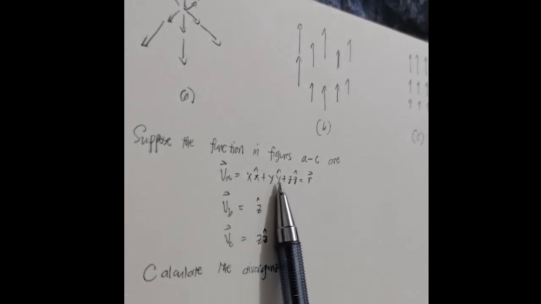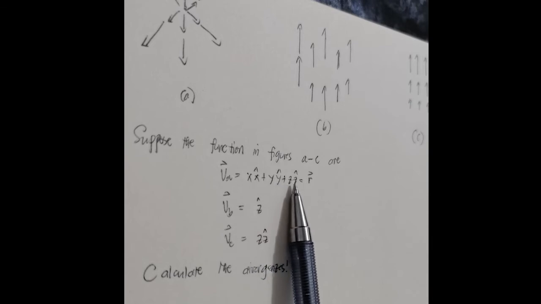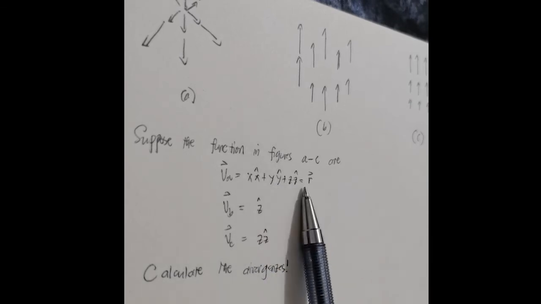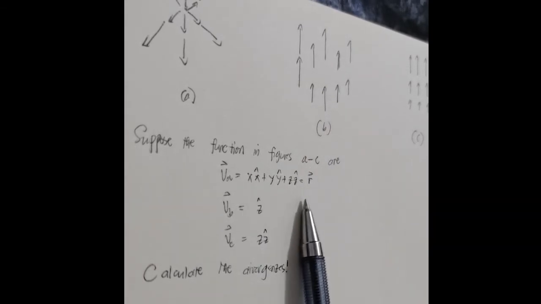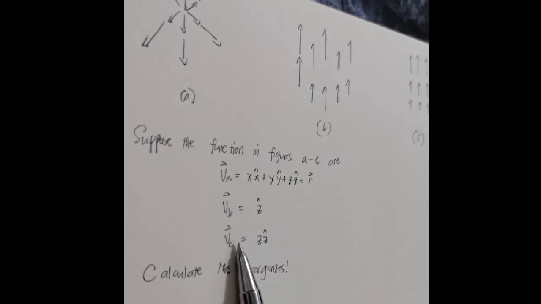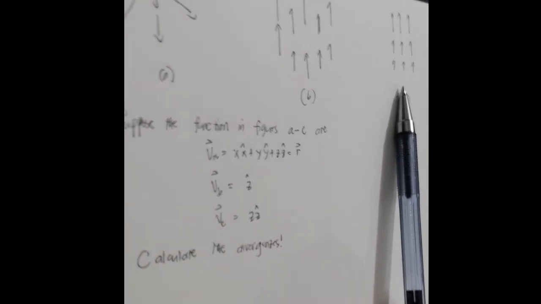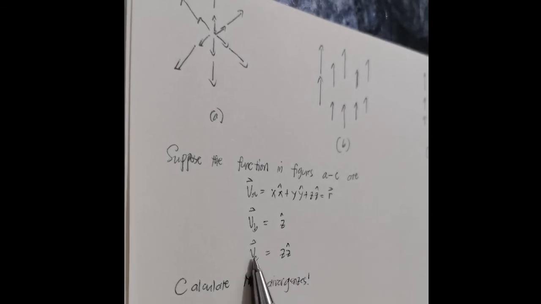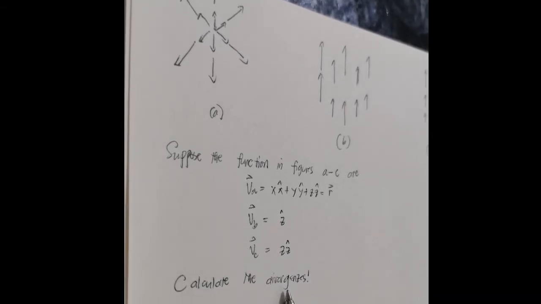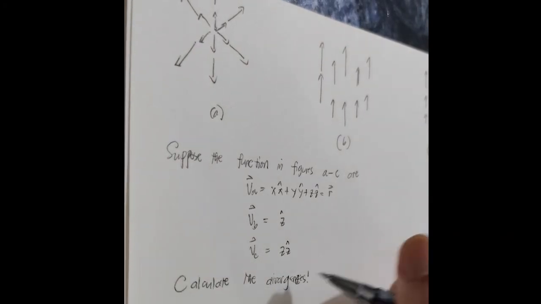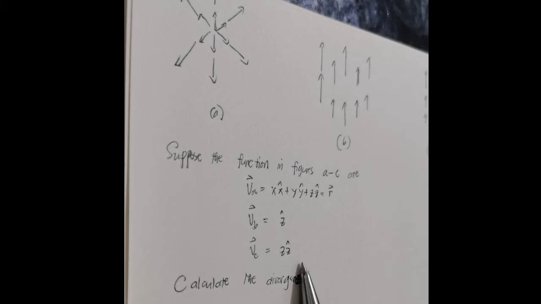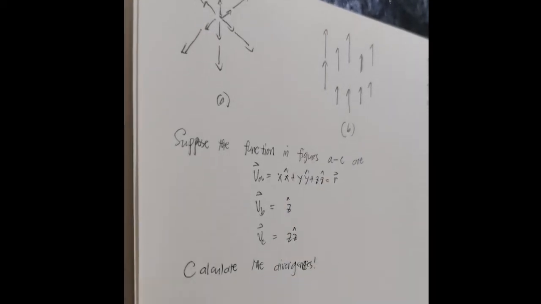For VA we have this equation, which is just your position vector. For the second figure, the function is just z hat. And for figure C, we have this function here. Now calculate the divergences. How do we calculate the divergence for VA, VB, and VC? So let's solve.